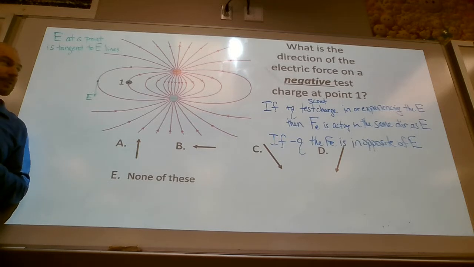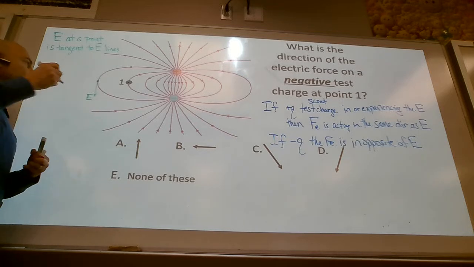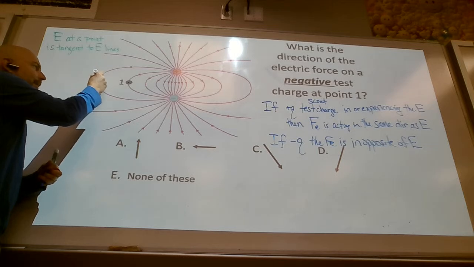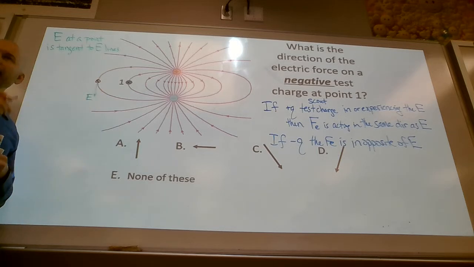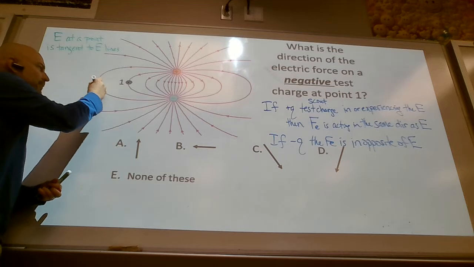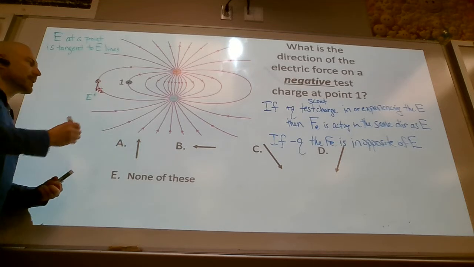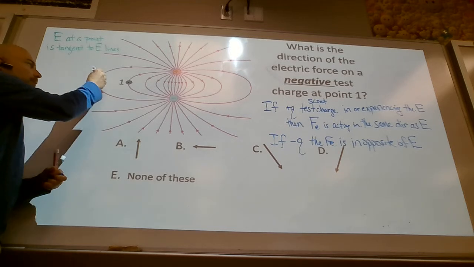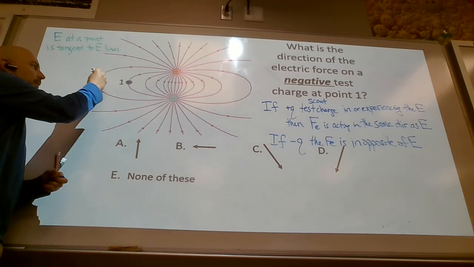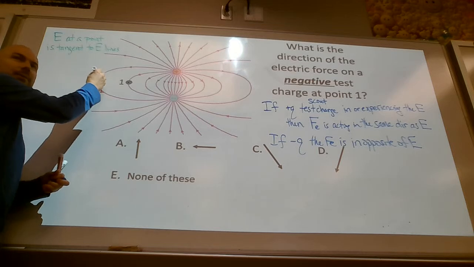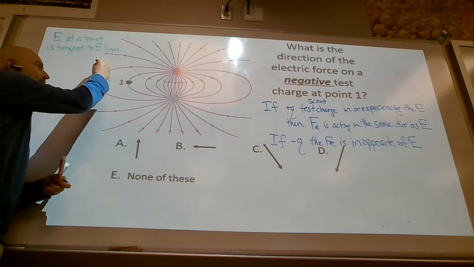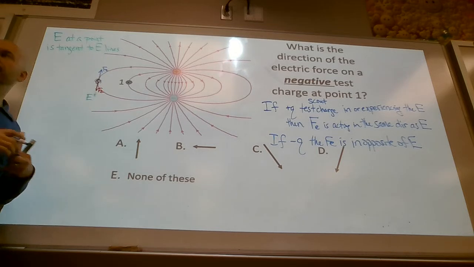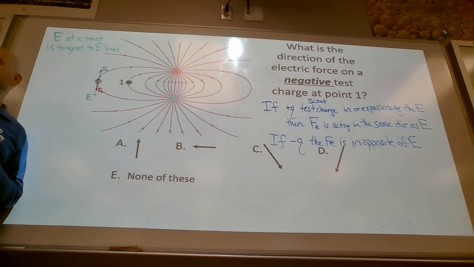If there was a positive point charge, a positive peanut, we drop that in there, you would experience a force in the same direction as the electric field. If we dropped in a negative test charge, a negative charge peanut, you would experience a force going in the opposite way of the electric field. Okay with that?